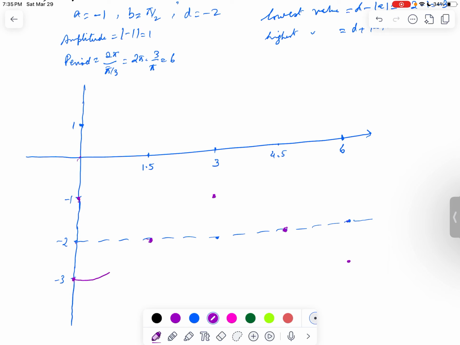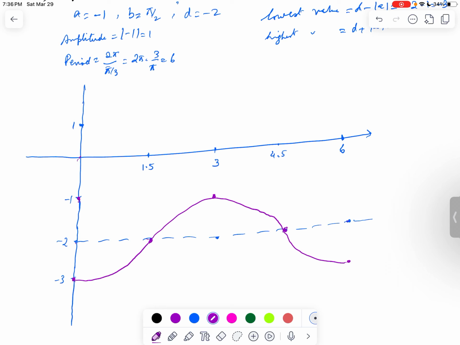Just make sure that it doesn't start looking like this. This is concave up. Now we have to do concave down. There.